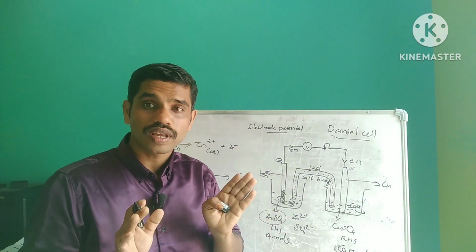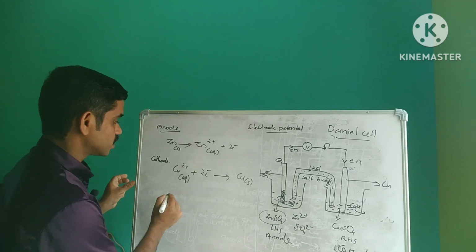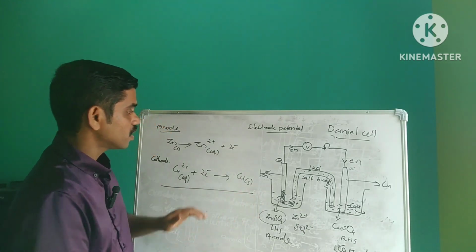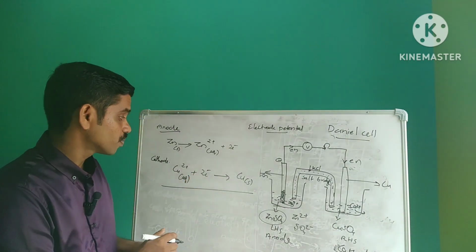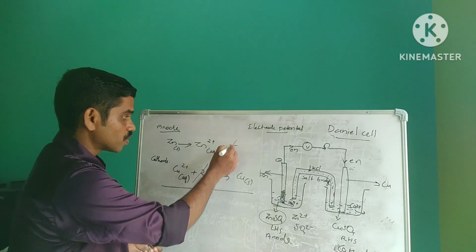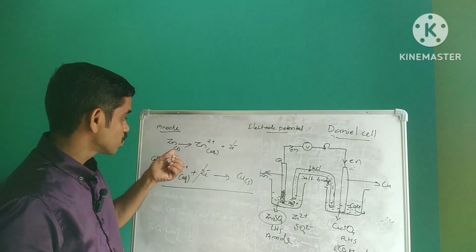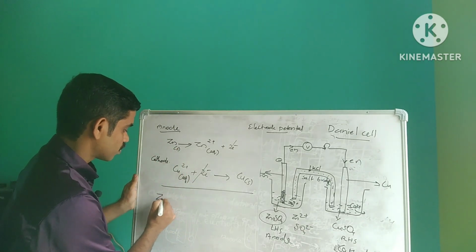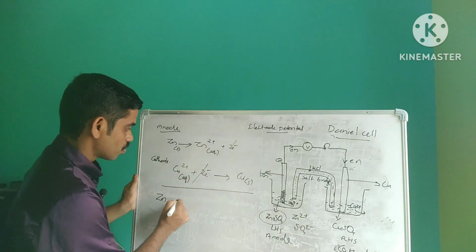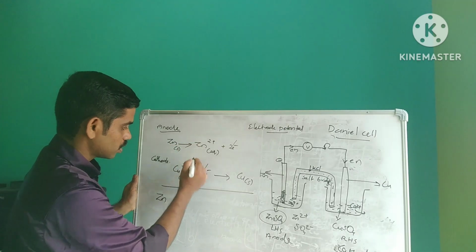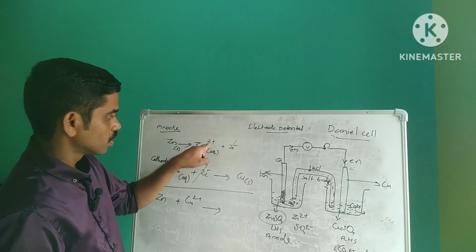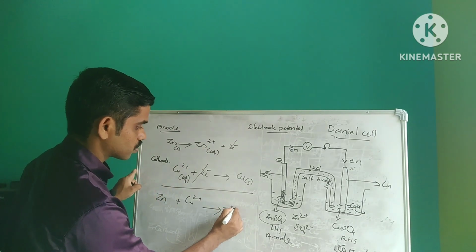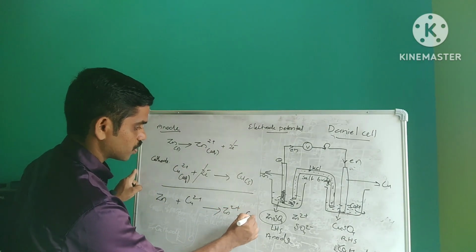So what is the total reaction of the Daniel cell? You add these two equations. The two electrons you can cancel. What is remaining on the left side? Zn plus Cu2+ gives Zn2+ plus Cu.